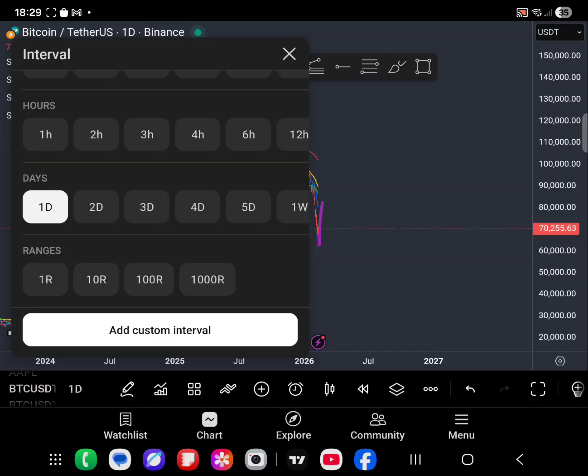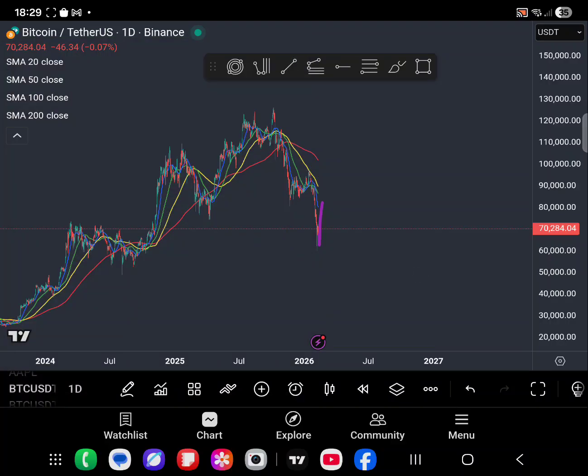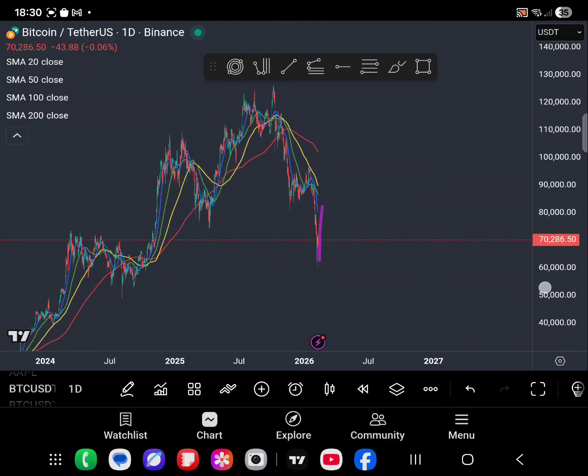I used to look at all the time frames. I would look at the 1 minute chart, the 5 minute chart, the 20 minute, half an hour chart, the 1 hour chart, 4 hour, 12 hour, 1 day, 3 day, 1 week, 1 month. I look at it all, but you have to really be aware. You want to really know the chart very well.